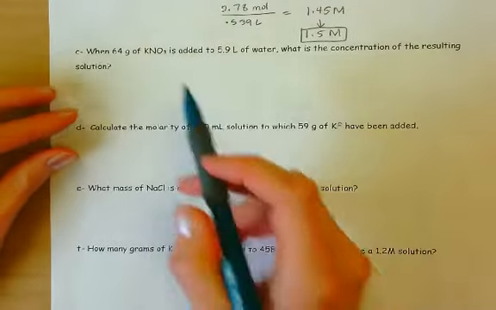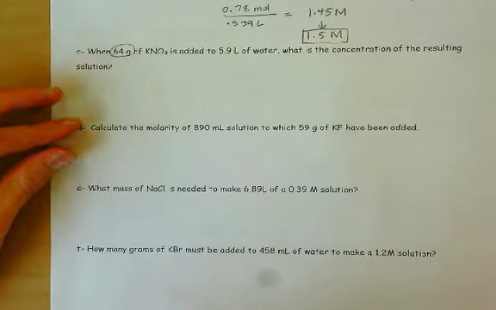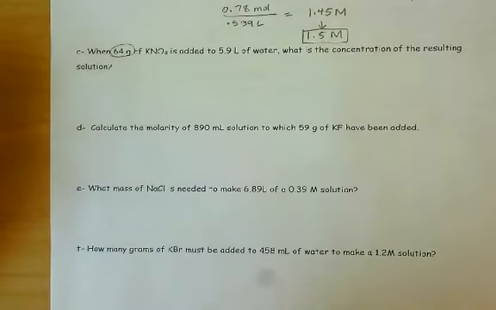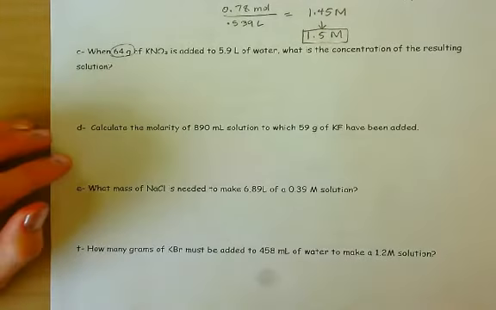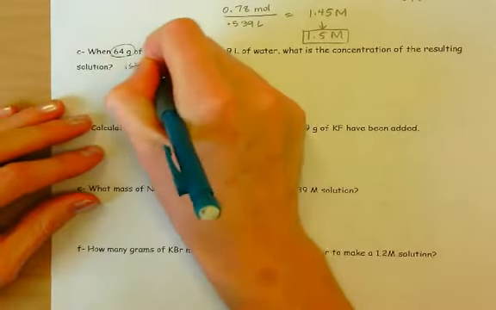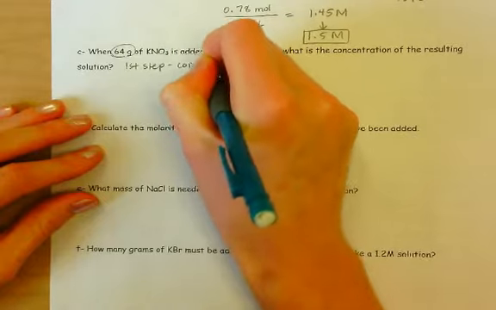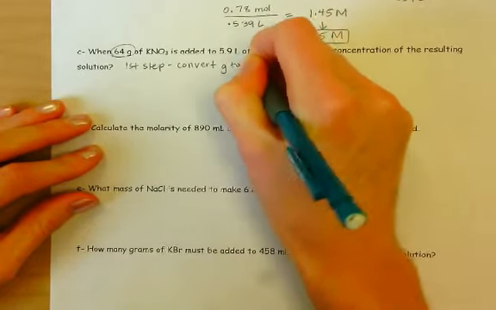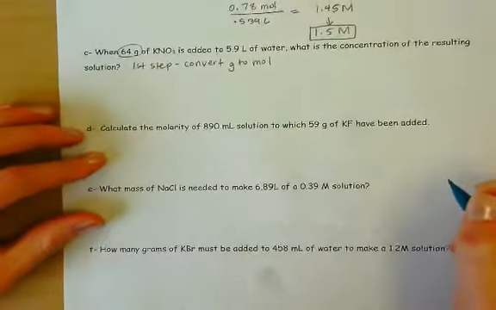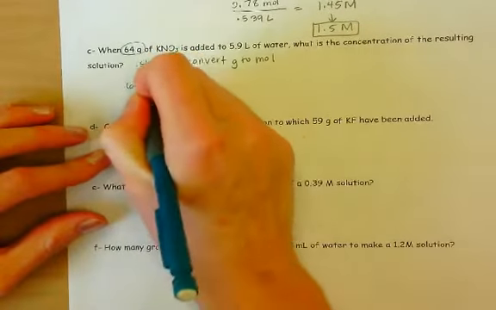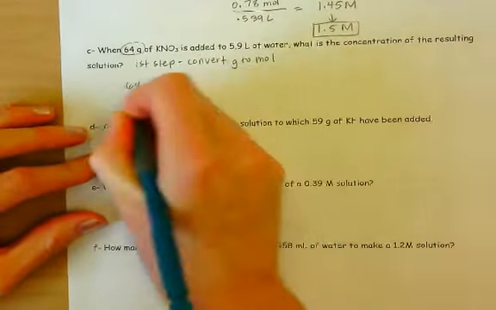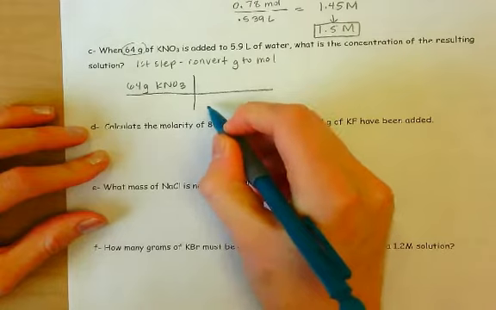Okay, the next problem, I want you to notice that it's giving us grams instead of moles. So your first step when solving this one is to go ahead and convert 64 grams of KNO3 into moles of KNO3. So alright, I'm going to do that for you. 64 grams KNO3.